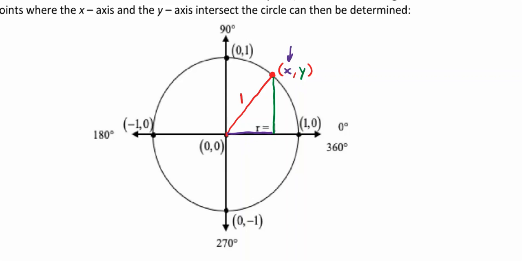So this is my x, and this is my y. We're going to be able to use that when we start solving these, right? Because we know right angle triangles. This is a right angle triangle. So we're going to be able to use the fact that this is my x and this is my y to do a little bit more below.